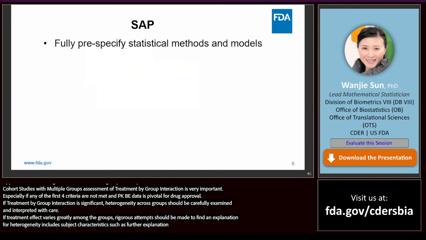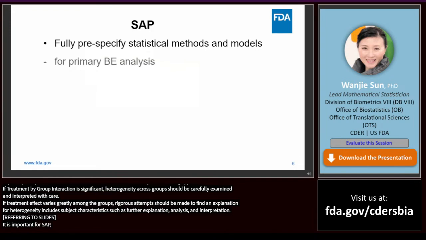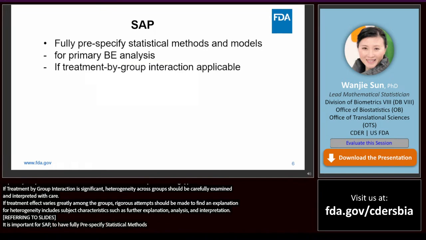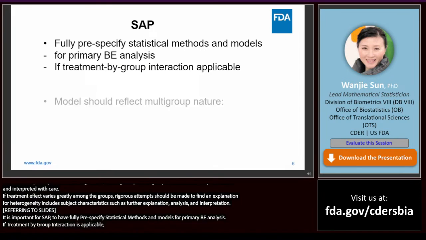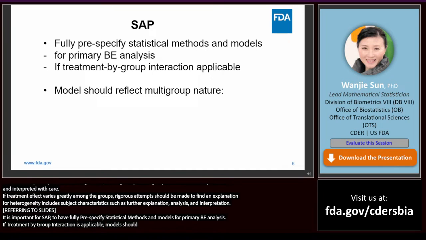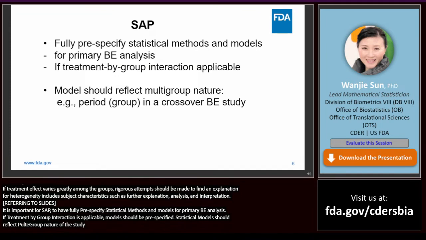It is important to fully pre-specify the statistical methods and models for the primary bioequivalence analysis in the protocol or SAP. If the treatment by group interaction is applicable, detailed statistical criteria and models should be pre-specified. Statistical models should reflect the multi-group nature of the study. For example, period effect nested within group should be used in a crossover bioequivalence study to reflect the fact that the periods for the two groups are different.